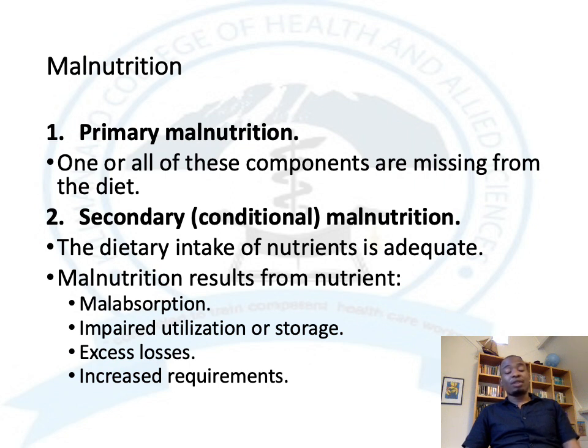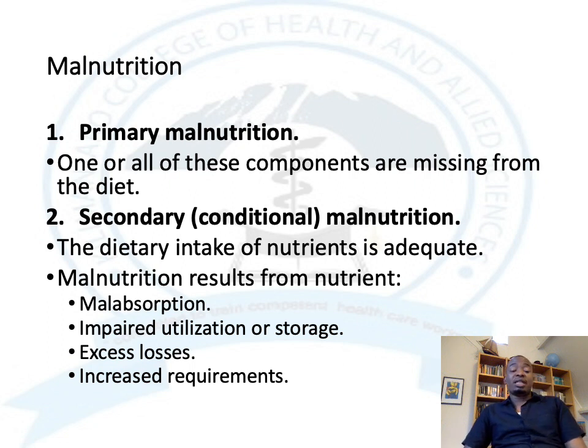You don't have carbohydrates, you don't have minerals, you don't have proteins, you don't have vitamins. If they are lacking in the food and you get one of the diseases, then the main cause of the disease would be categorized as primary malnutrition, because you are lacking those particular components of the food which are important.